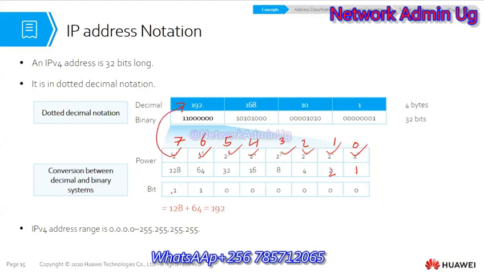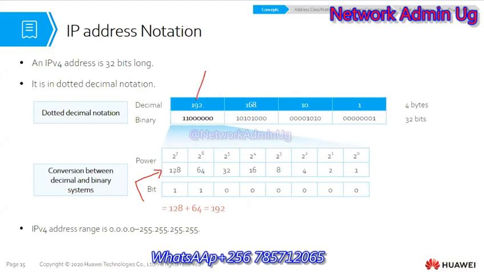That is the question. I don't know which way you know, but this is the simplest way. After listing these 8 bit places, you have 128, 64, 32, 16, 8, 4, 2, and 1.